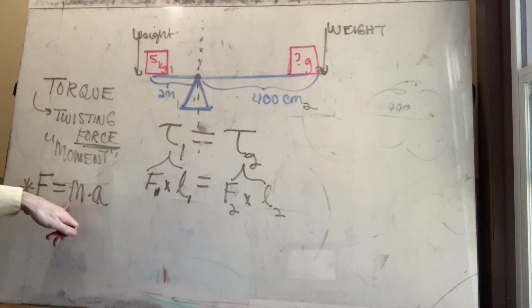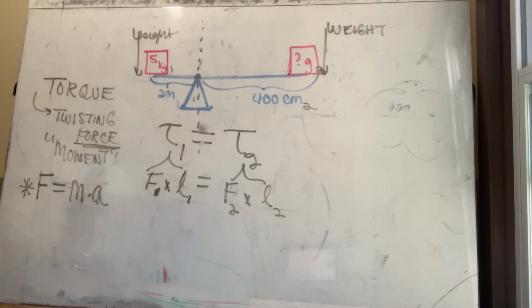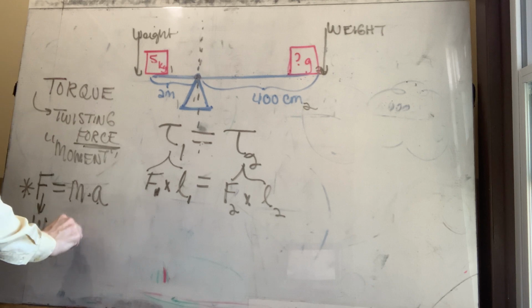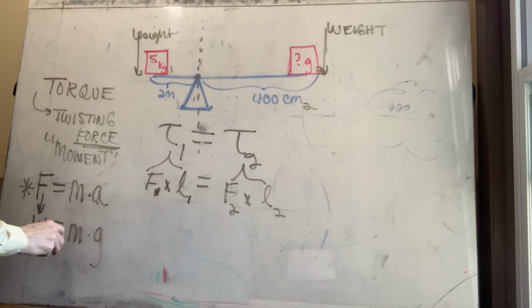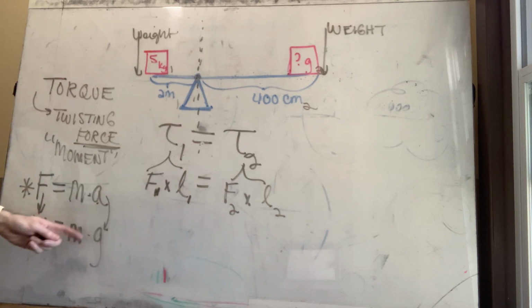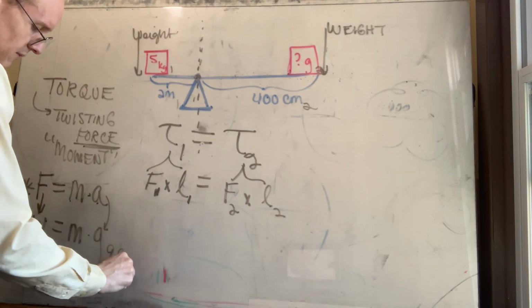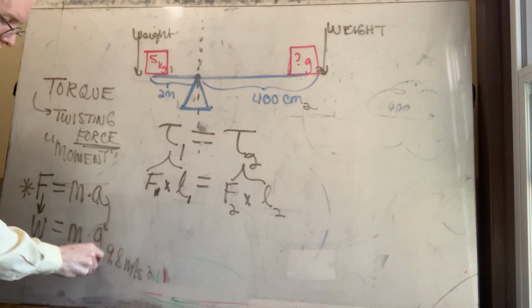The force is a mass times an acceleration. We definitely have a mass here. The acceleration, the weight incarnation of force, would be this. Mass times, instead of A in the horizontal, it would be A in the vertical, which is G, right? If you wanted to be technical, 9.8 meters per second squared, that's what G is, right?